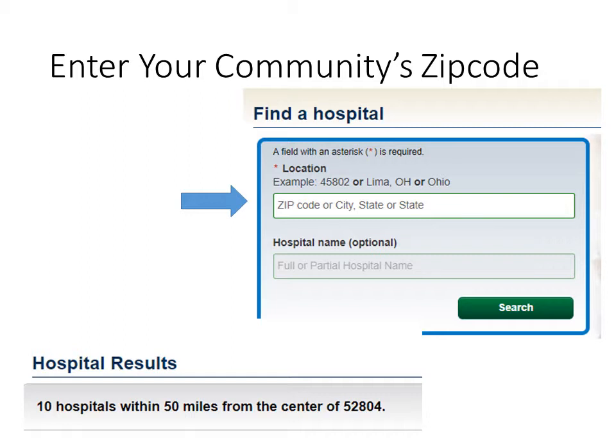So from an access perspective, this does not appear to be a problem accessing a hospital that's close by. If your results come up with very few hospitals within close proximity to your residence, then that could be a definite access issue.